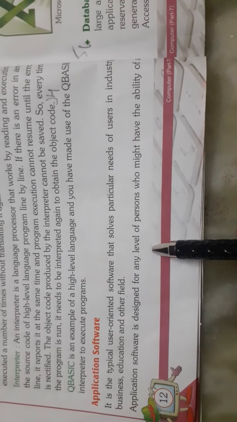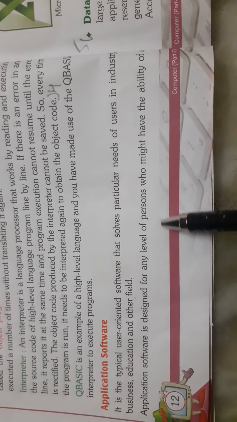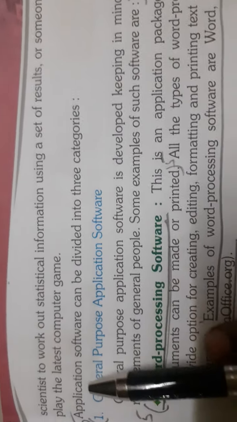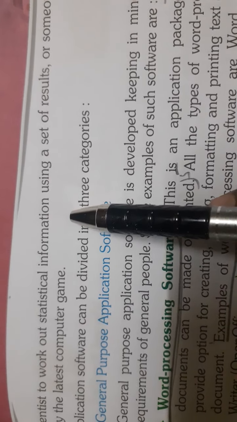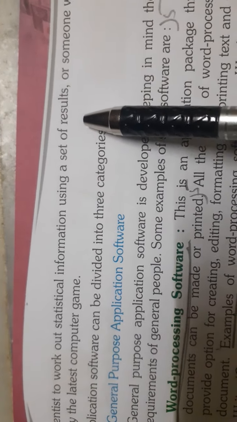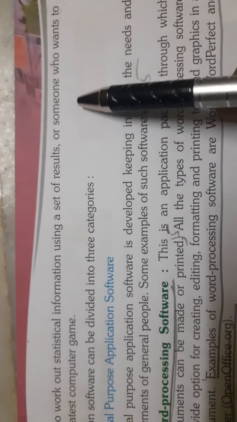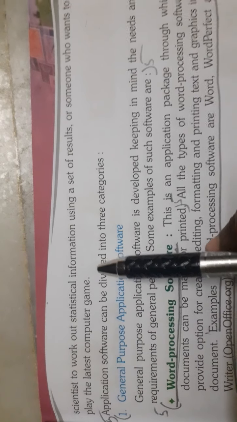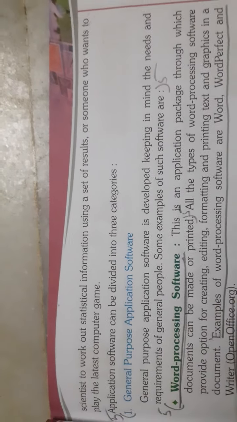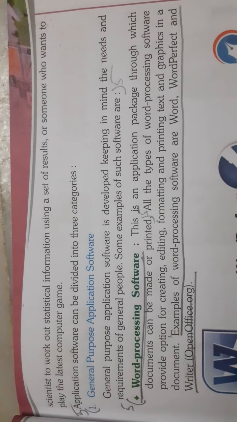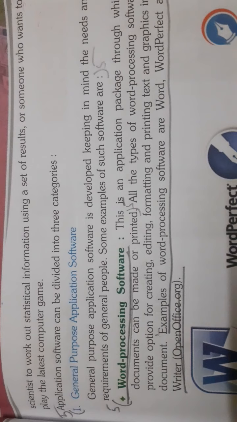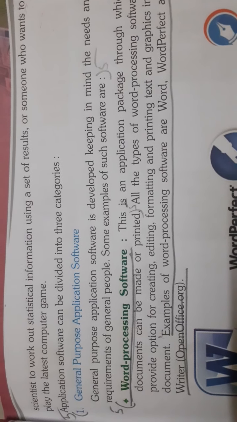Application software is designed for any level of persons, who might have the ability of a scientist to work out statistical information using a set of results, or someone who wants to play the latest computer game. So these application softwares we are installing in our computers regarding our requirements, regarding our work purpose. Okay, so these we call application softwares.